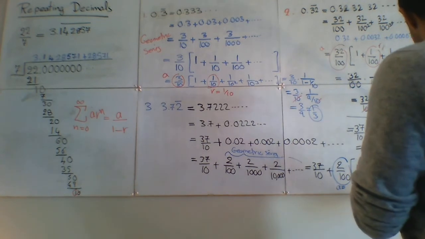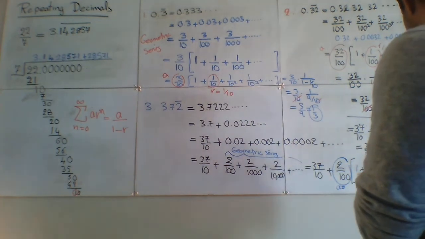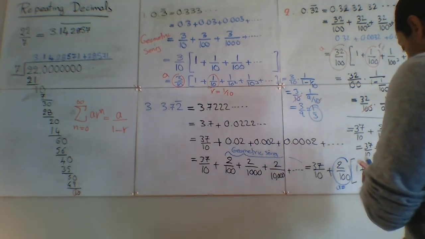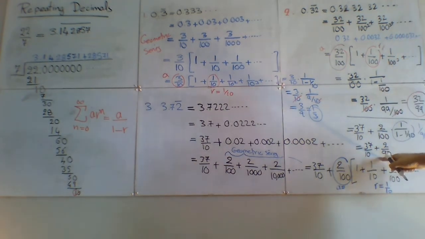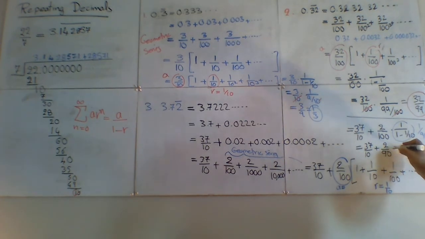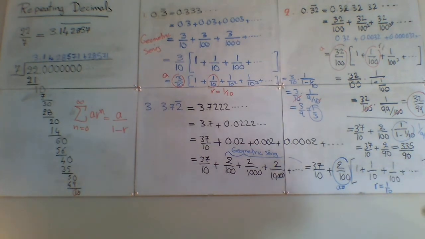So the 10 reduces the 100 to 10 times 9, so you get 2 over 90. So 37 over 10 plus 2 over 90. You can bring it to the common denominator, and you'll get, I believe, 335 over 90, which is not reduced. Reducing this to lowest terms will give you 67 over 18.